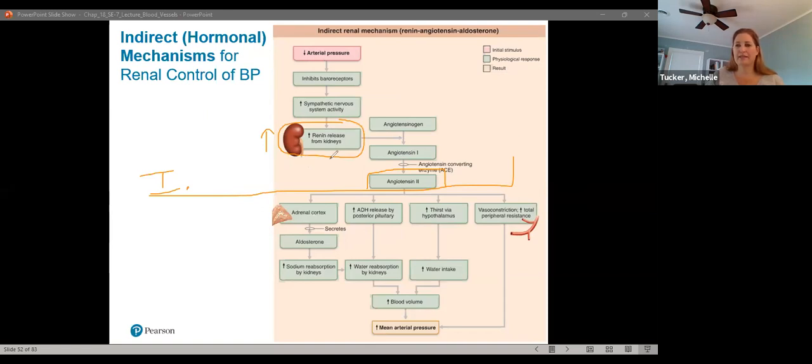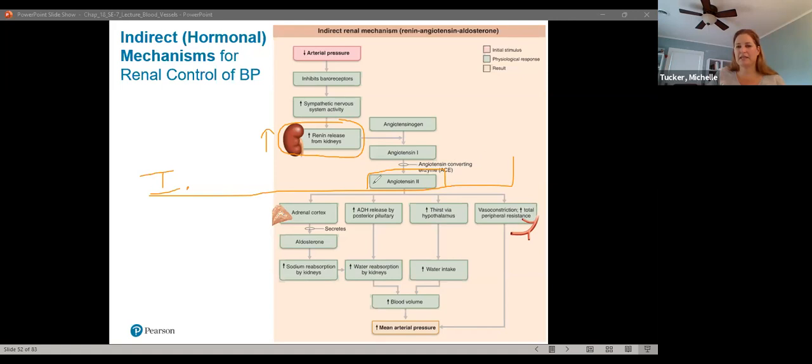Renin is an enzyme that catalyzes the conversion of angiotensinogen into angiotensin I. Angiotensin I is in the circulatory system, and there is an enzyme in your lungs called ACE.